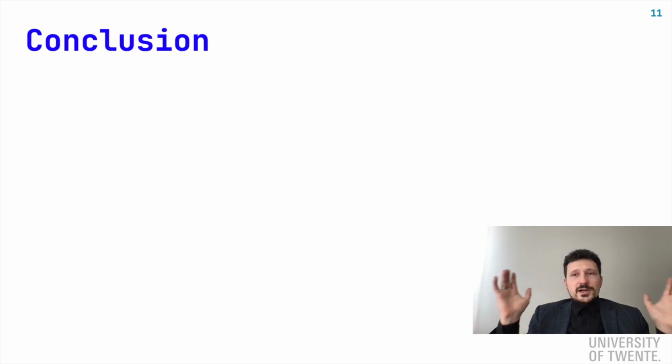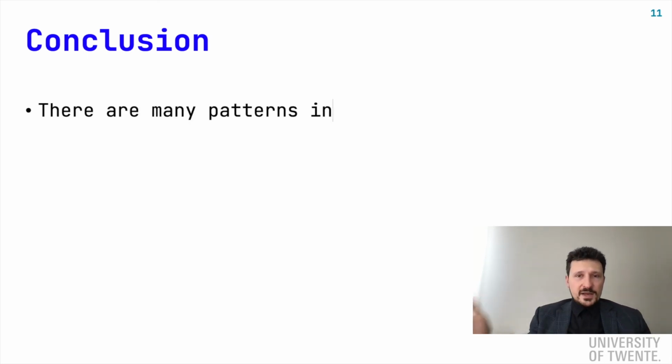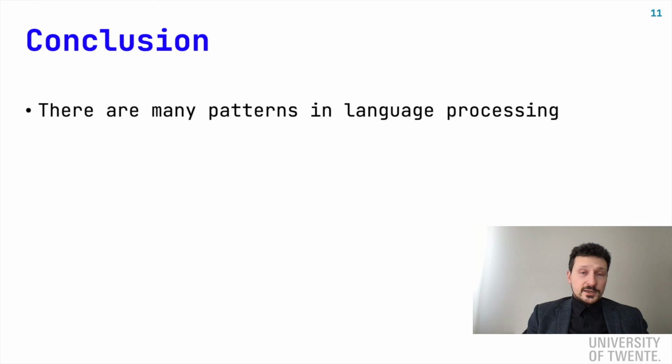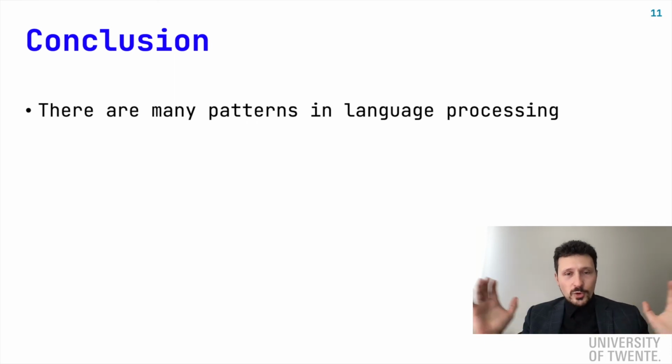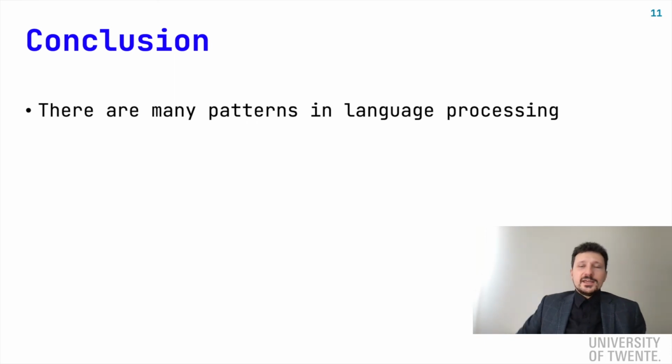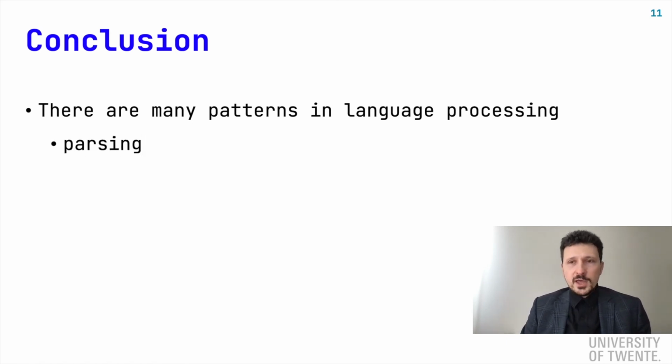To conclude, there are many patterns in compiler construction in the narrow sense, and in language processing in a broad sense. We've seen some of those, so we've seen some on parsing, and if you think back to the parsing in the broad sense, then there is a bunch of patterns in itself.